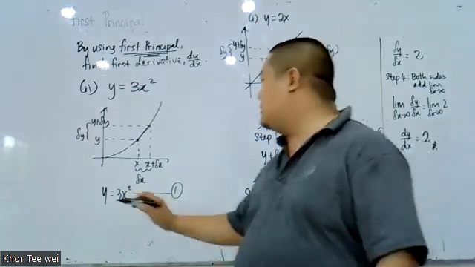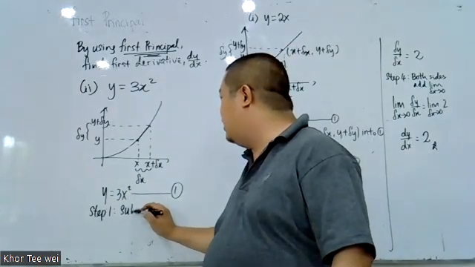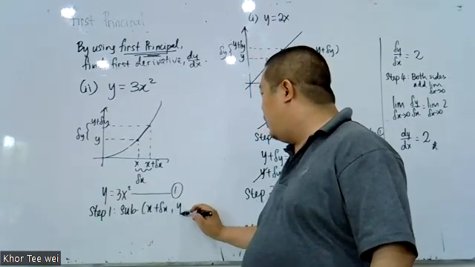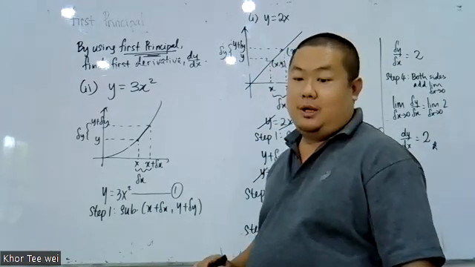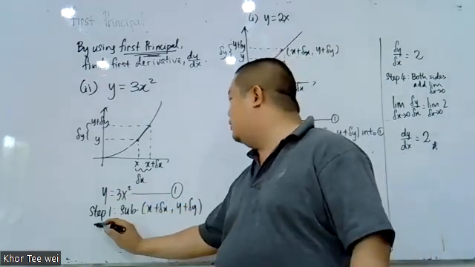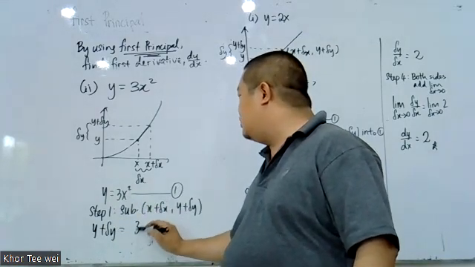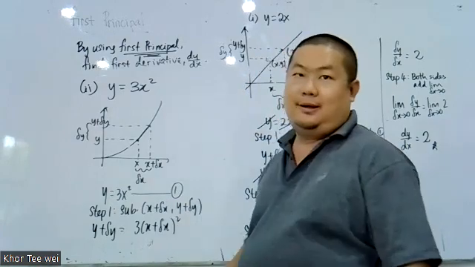Just like I mentioned before, step 1, you need to substitute x plus delta x and y plus delta y into the equation. So your y changes to y plus delta y, and your x changes to (x plus delta x) squared.